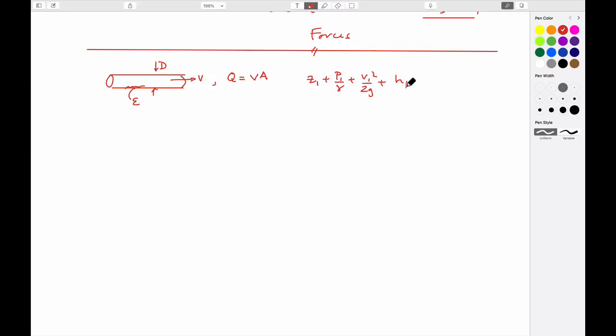Pump input into the system and equal to the downstream characteristics of elevation head, pressure head, velocity head, and the sum of losses. And as we said before, these losses are laminar or turbulent.